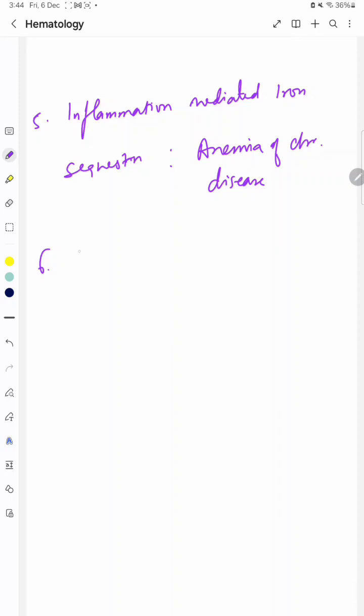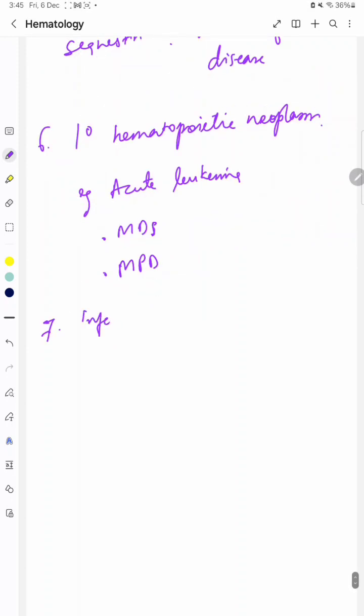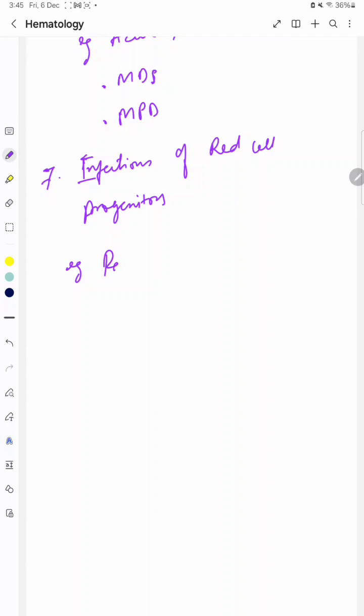Primary hematopoietic neoplasm, for example, acute leukemias, myelodysplastic syndrome, myeloproliferative disorders, etc. Infections of red cell progenitors, for example, parvovirus B19 infection.